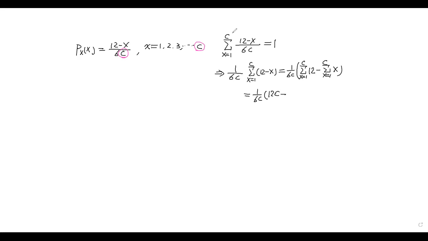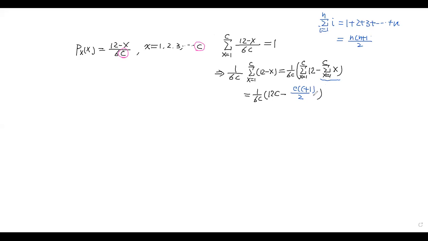For the next one, we're going to use a property we know from algebra. The sum of i from 1 to n, that means 1 plus 2 plus 3 plus all the way to n, is n times (n plus 1) over 2. So here x is from 1 to C, and this number will be C times (C plus 1) over 2.